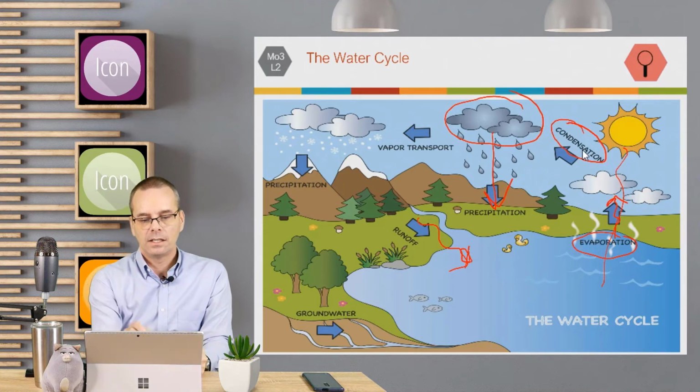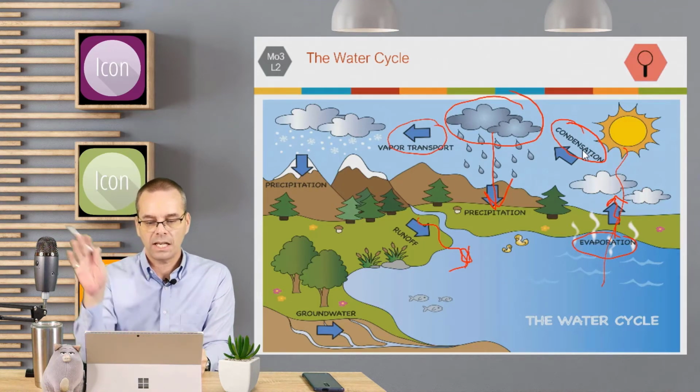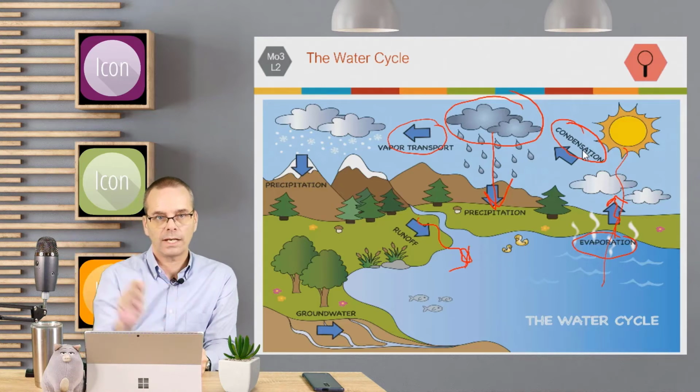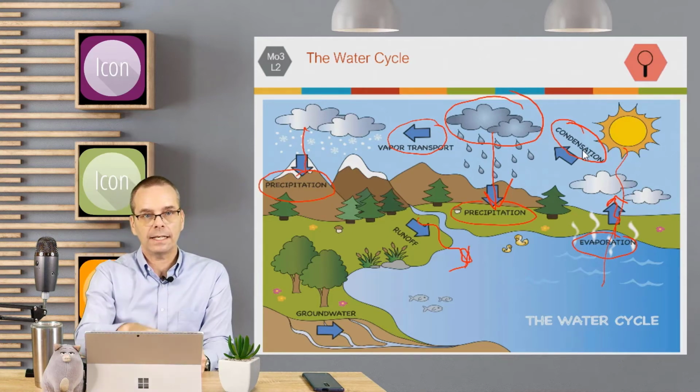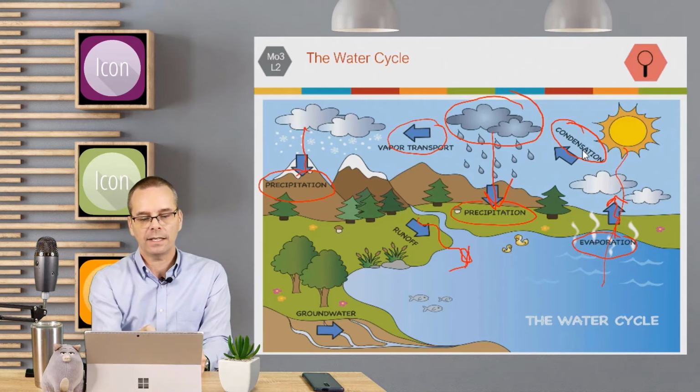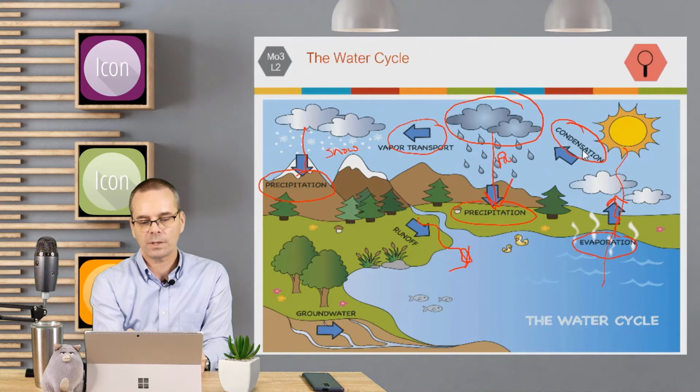And then those clouds can move, right, and transport the water. And then all of a sudden it starts precipitation, right? Again, it starts raining again or snowing again. This is snow and this is rain. So it all depends on temperature.